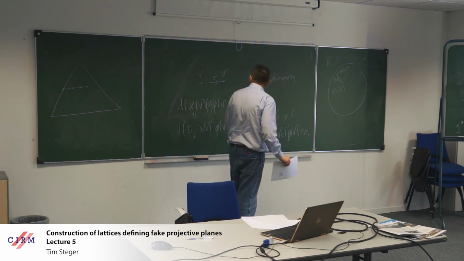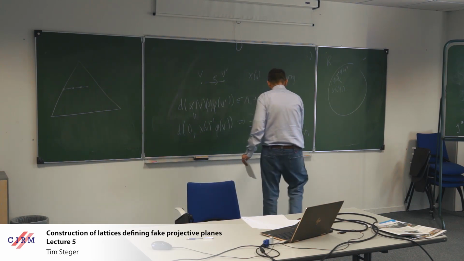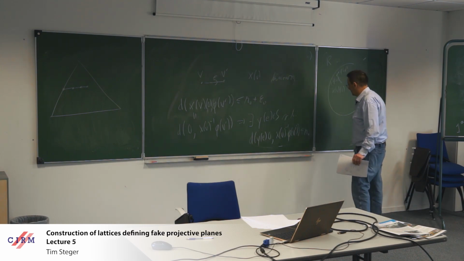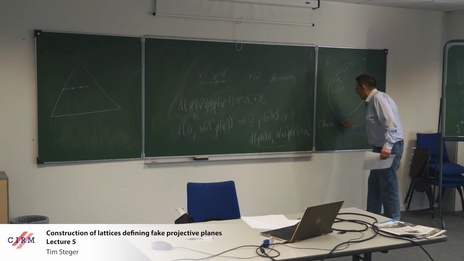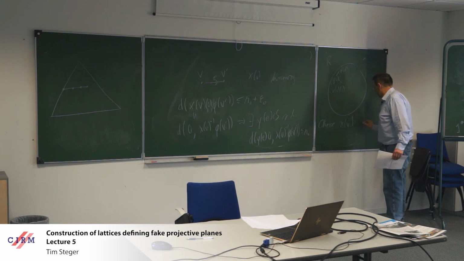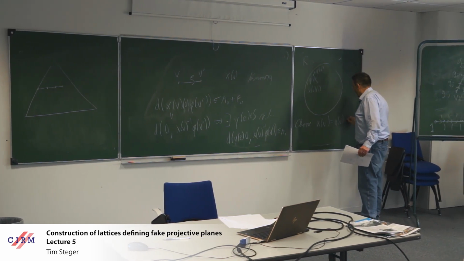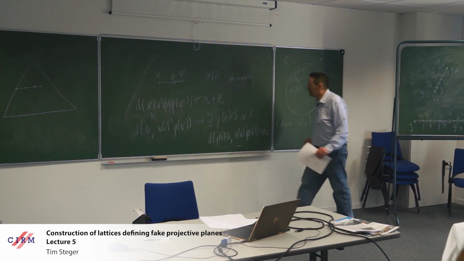And this means that if we then make the choice that x of v prime is equal to x of v times y of the edge, then everything's all right.